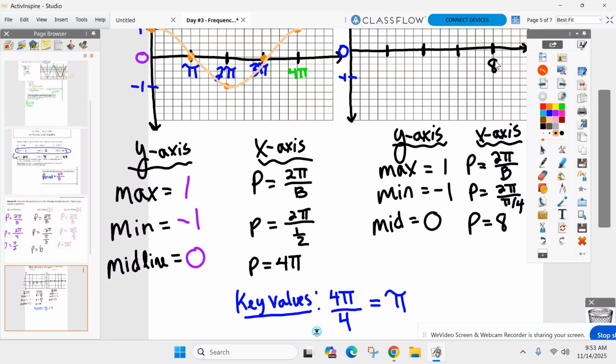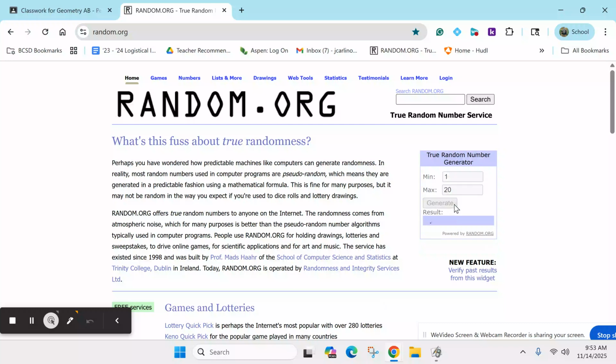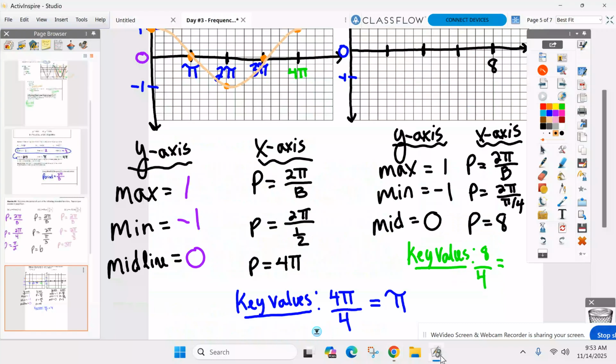Cut the 8 into 4 equal parts. So where's it going to start then? What's my first tick mark? Grayson? Just 8 divided by 4. 2. It's going to start at 2. And keep going by 2.